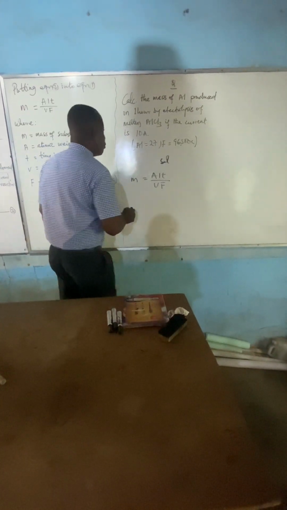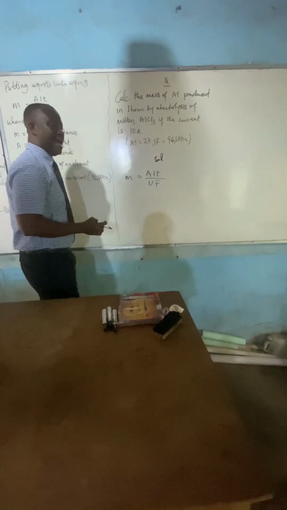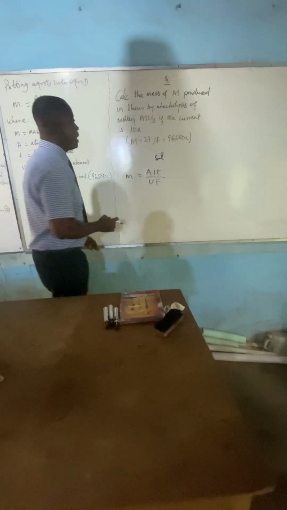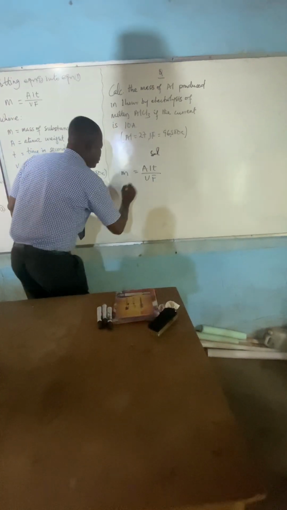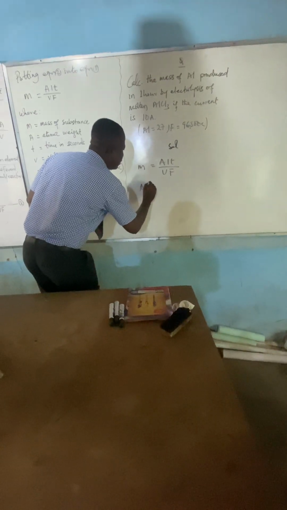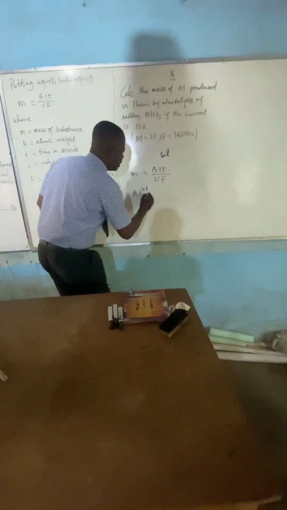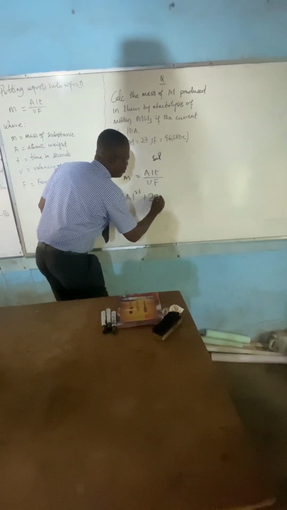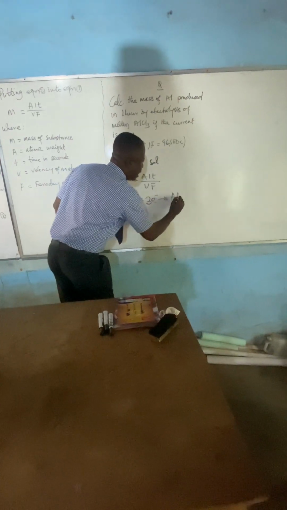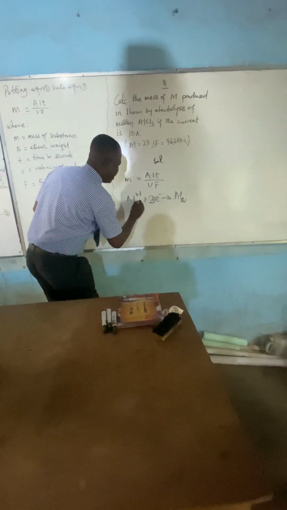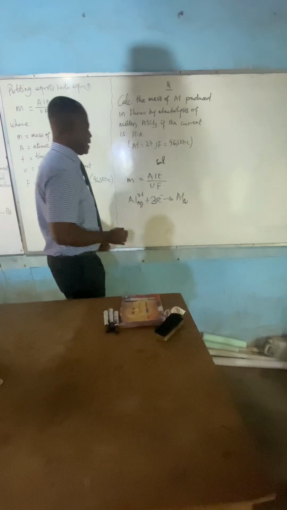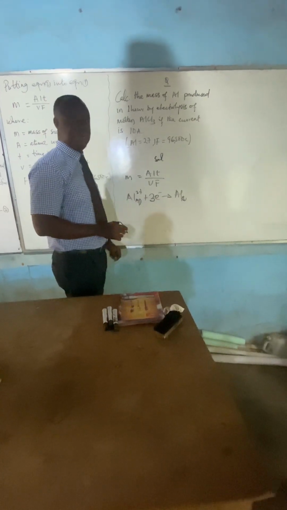And then we need to put down the half equation, or the half reaction. So the half reaction is aluminium ion accepting 3 electrons to give us aluminium metal.